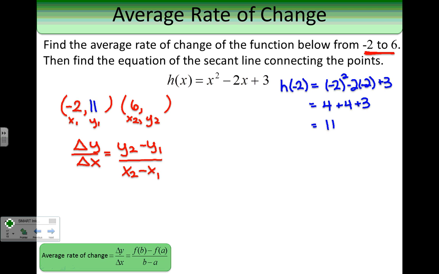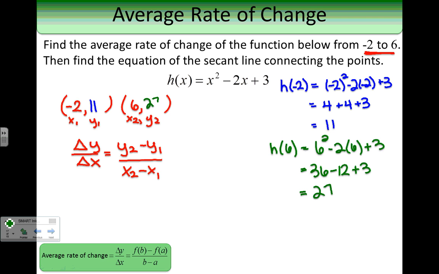To find the y value that goes with 6, we're going to plug in 6. So 36 minus 12 is 24 plus 3, 27. So the y value that goes with 6 is 27.